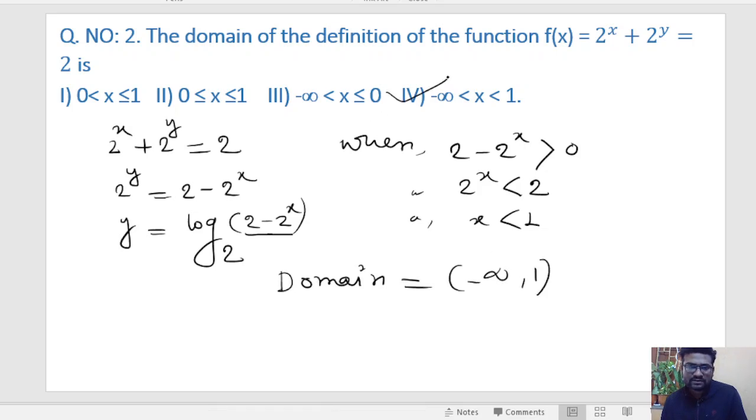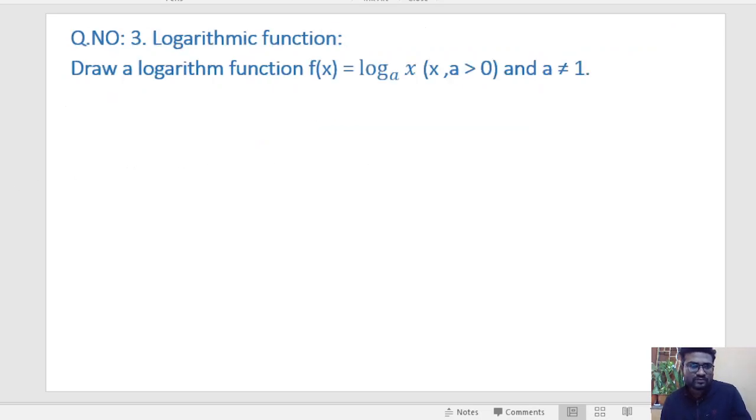So the option is 4. Okay, let's draw another graph, the logarithm function. How to draw a logarithm function: log x base a, in the interval x greater than 0 and a not equal to 1. At first we know the function's domain and range.